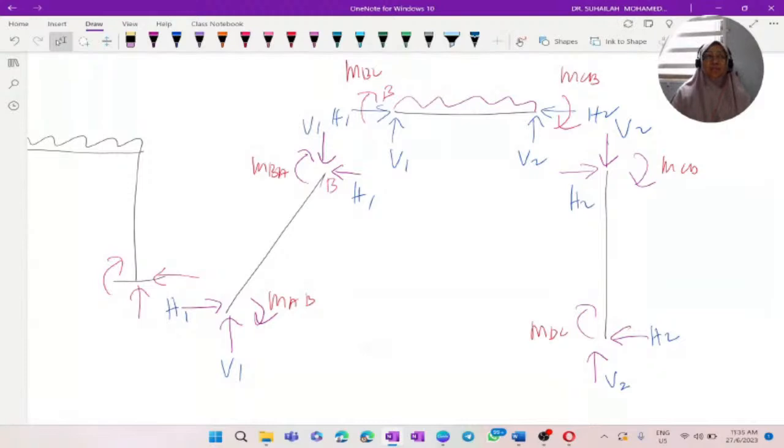So this is actually representing the free body diagram for each element, having the internal forces. Remember, internal forces, there are 3 types.